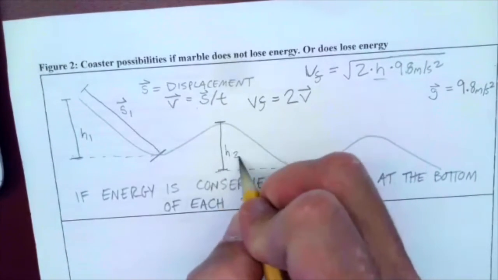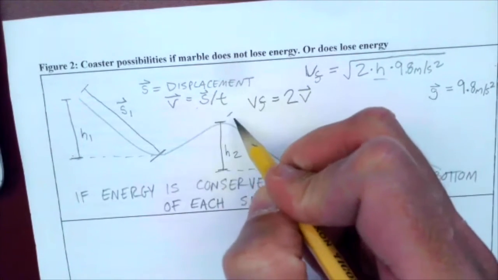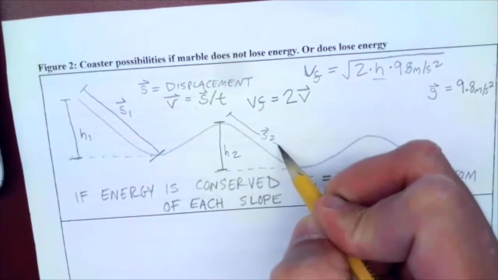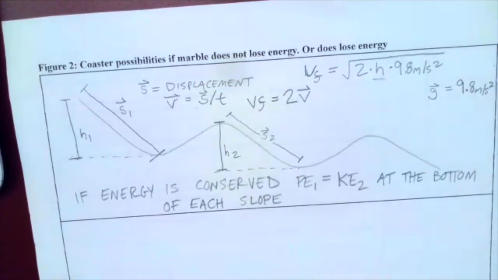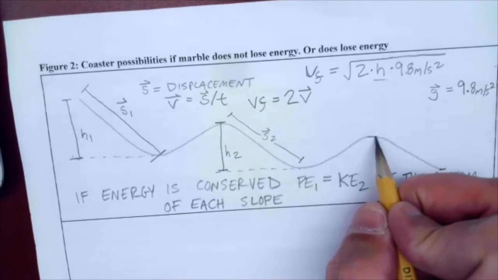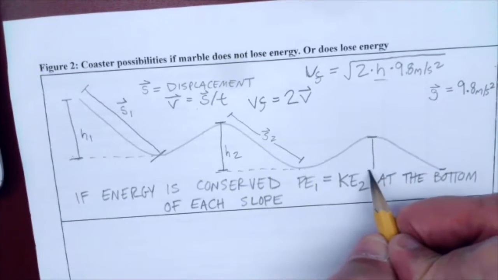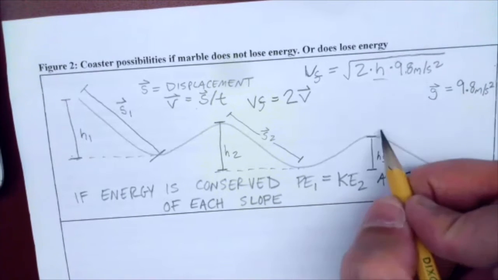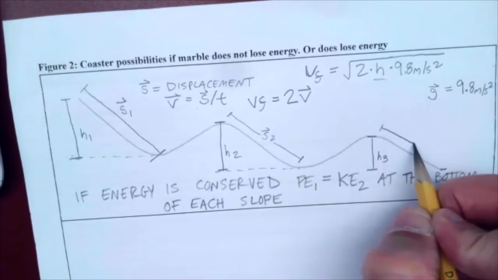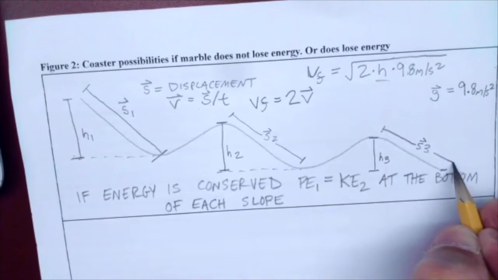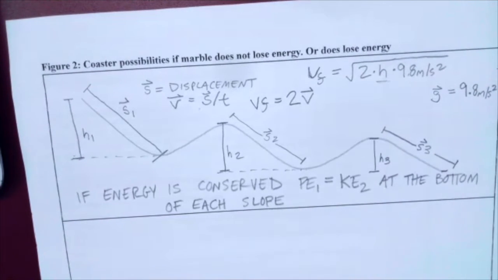So this would be h2, and this would be displacement 2, from here to here. And then this would be height 3, and this would be displacement 3.